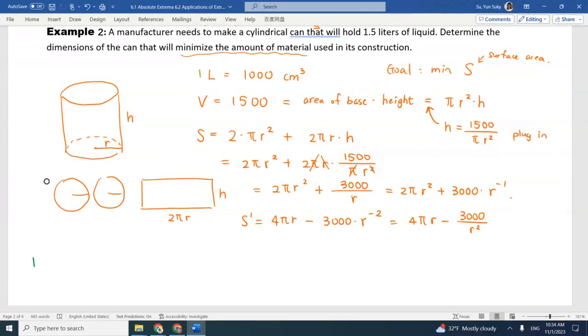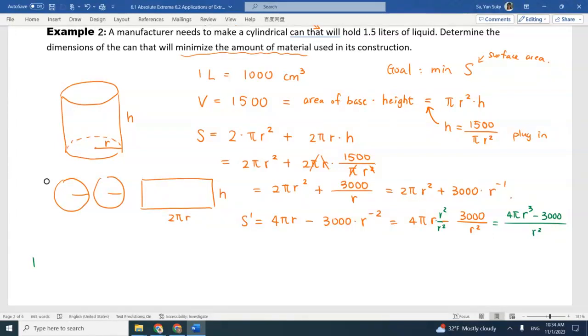Once some term has a denominator, you combine them into a single fraction, right? What's the common denominator? r squared. So the first term, you multiply by r squared and divide by r squared. So you get 4 pi r cubed minus 3000. Is that okay, everybody?